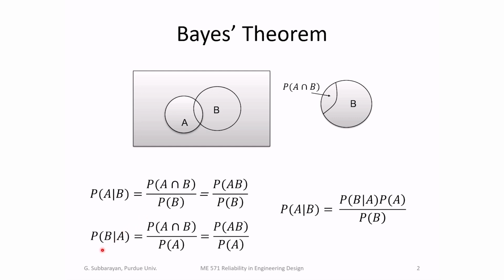Similarly, one can ask what is the conditional probability of event B occurring given that event A has already occurred. Then the conditional probability is the probability of A and B divided by the probability of A, and this is Bayes' theorem. You can also express it with the alternative notation here, using instead of A intersection B, you can write it as AB, A times B.